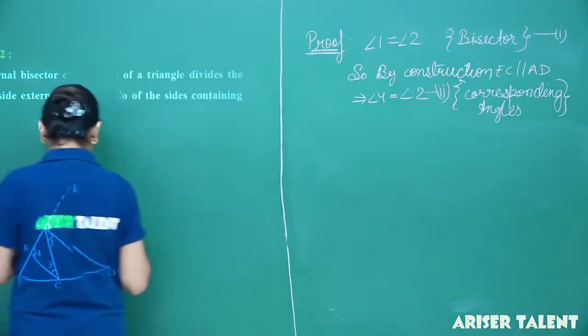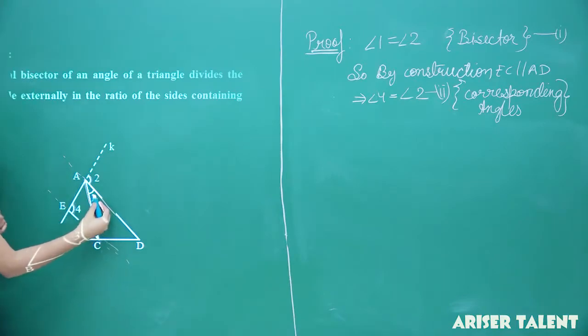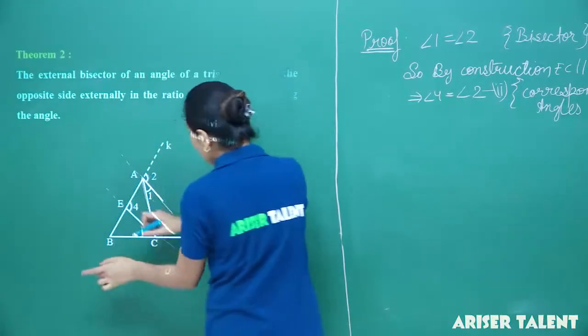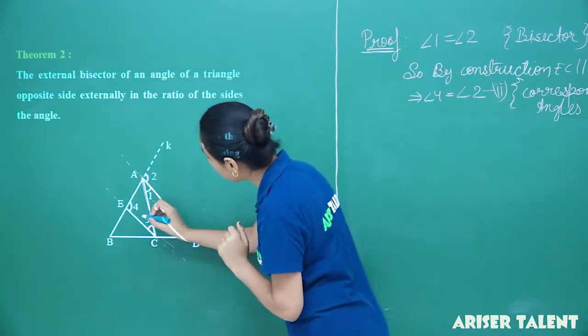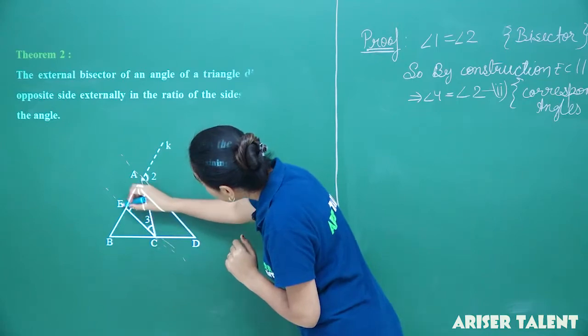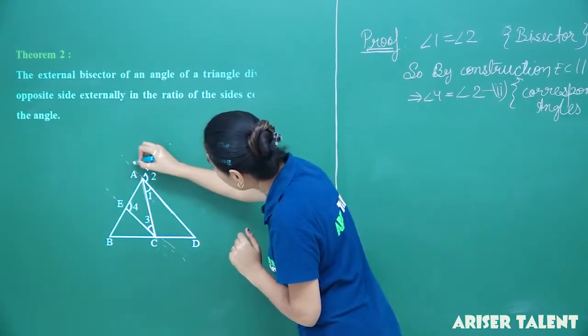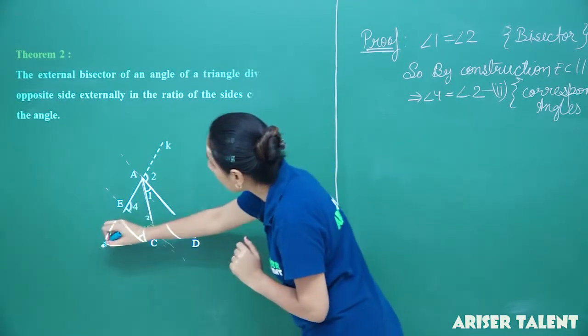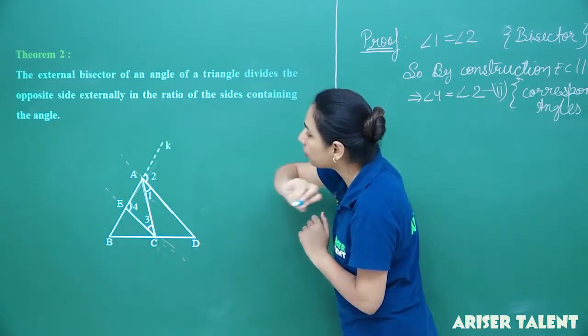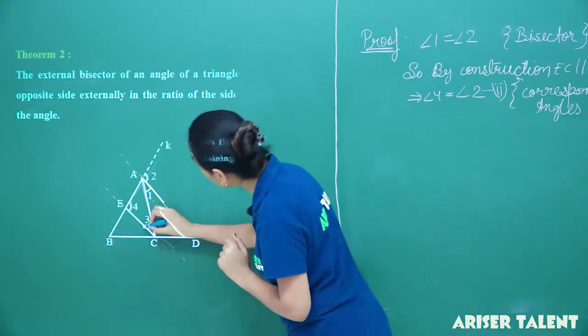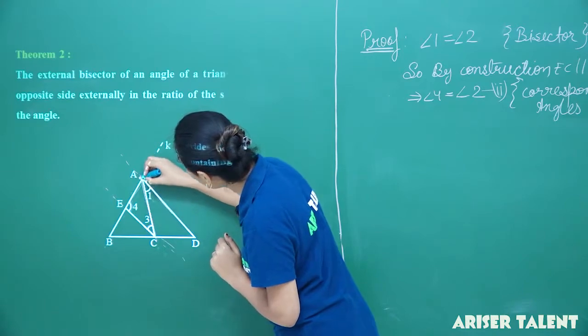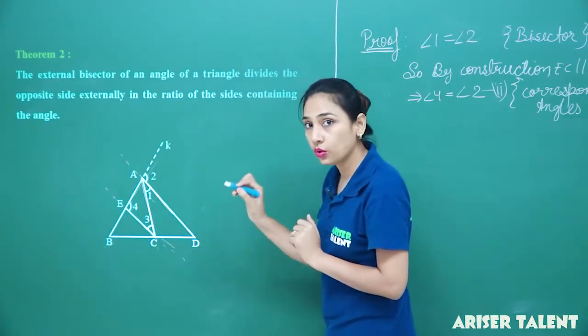Now, come here, we have taken care of angle 1 and angle 4. Now, angle 3. Now, if you look at this figure carefully, you will find that this line is the one which is parallel to this line, and this line is intersecting both parallel lines. So, this angle 3 will be equals to what? This angle 1. Okay.